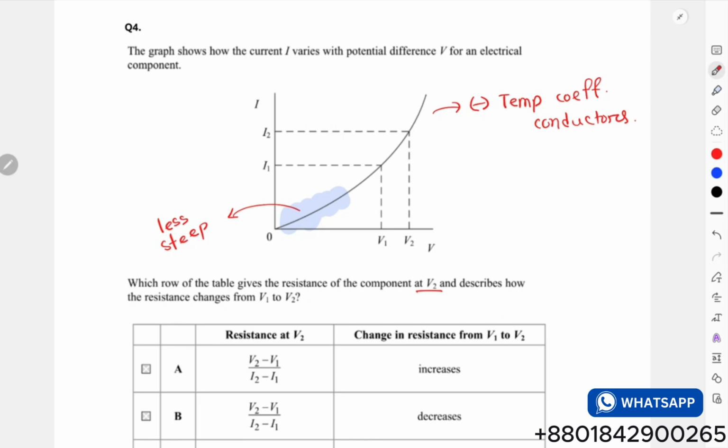Wait a minute, this is for I against V, right? Over here the gradient will not give you resistance, because resistance is supposed to be V over I. So this is for negative temperature coefficient conductors.